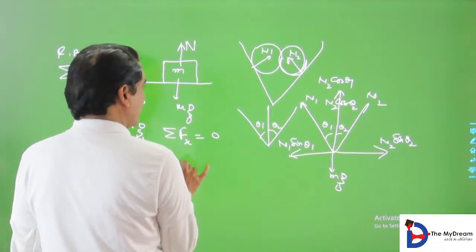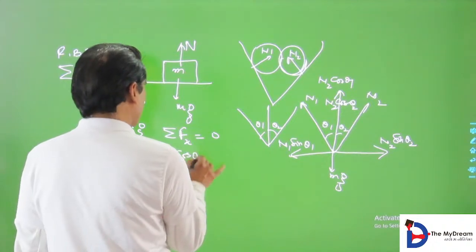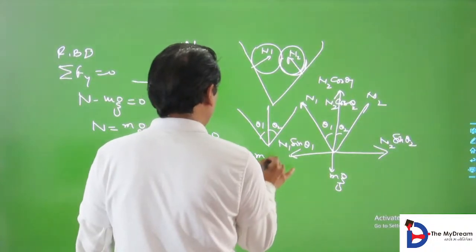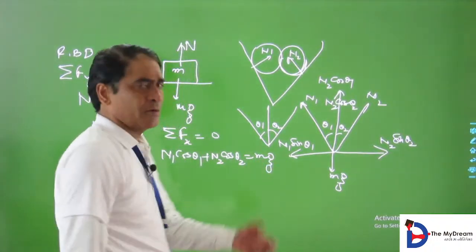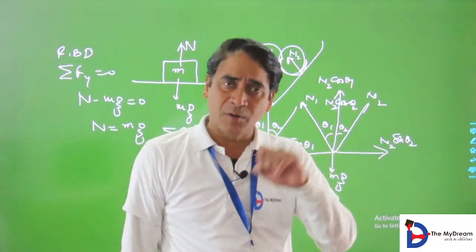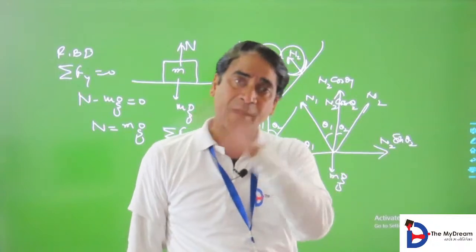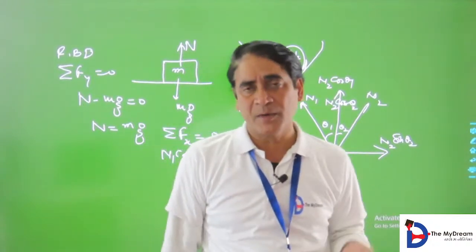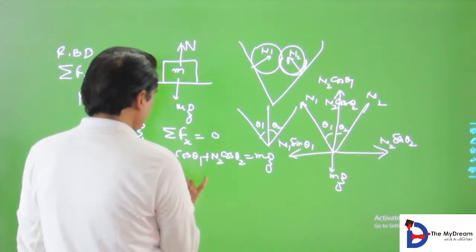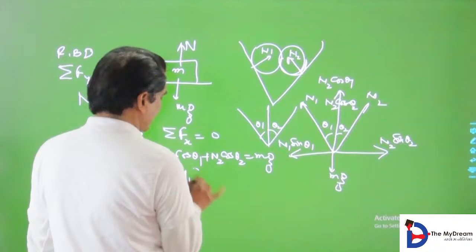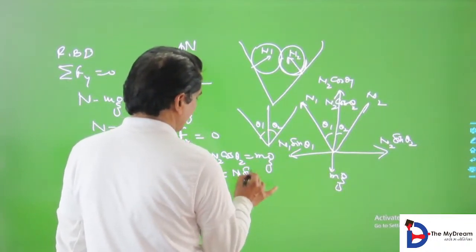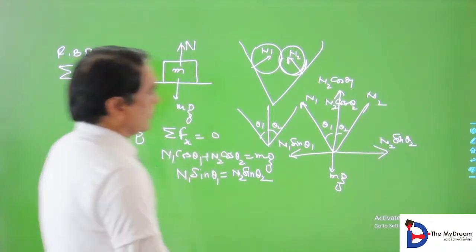N1 cos theta 1 plus N2 cos theta 2 is equal to mg. You can say upward force is equal to downward force, and left arm is equal to right arm, then the system must be in equilibrium. So N1 sin theta 1 is equal to N2 sin theta 2.